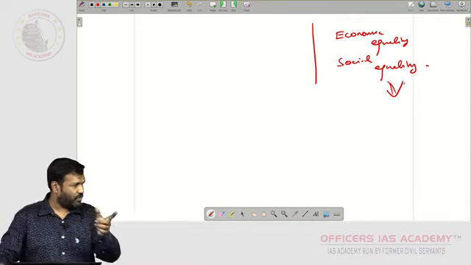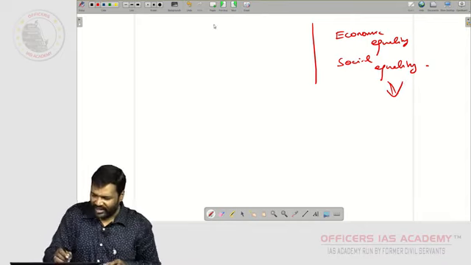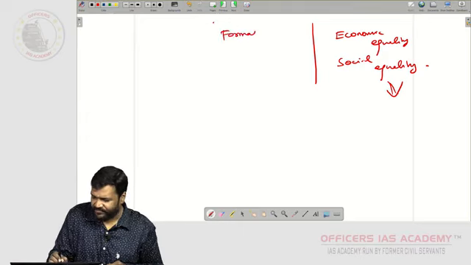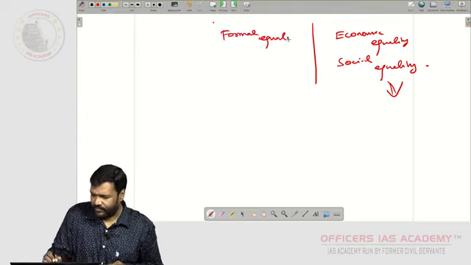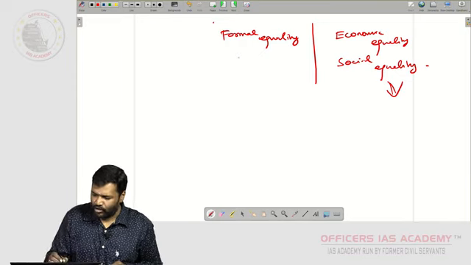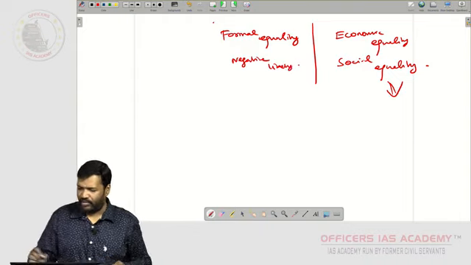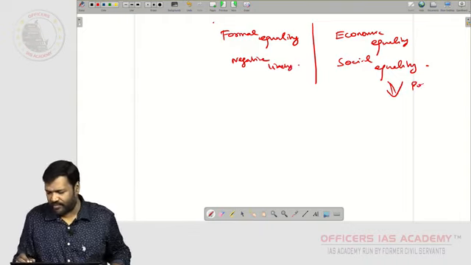You understood? You have to understand the context. One side this is happening; another side you have formal equality and negative liberty. And you have economic equality, social equality, and positive liberty.